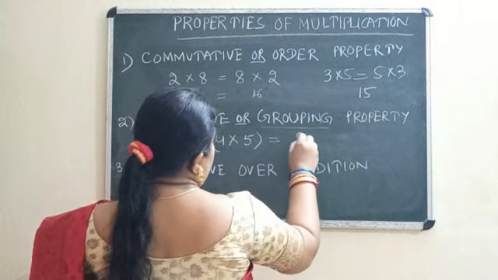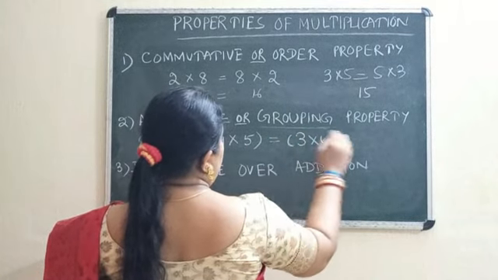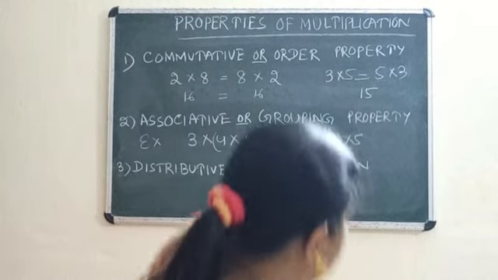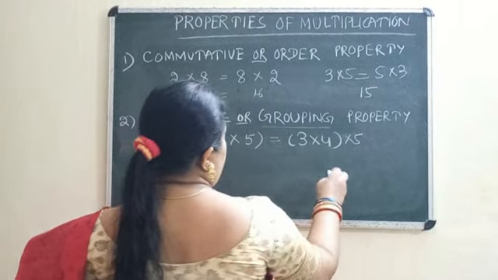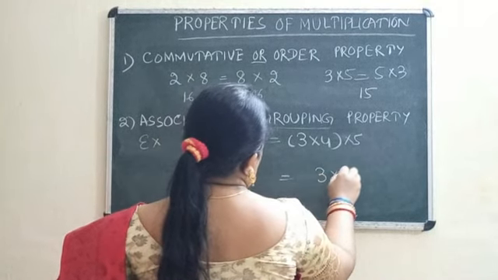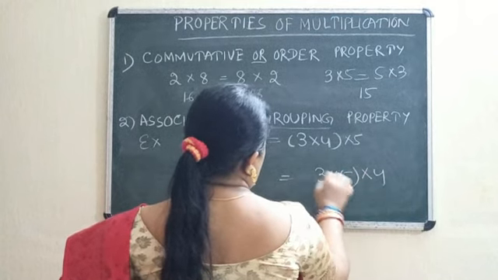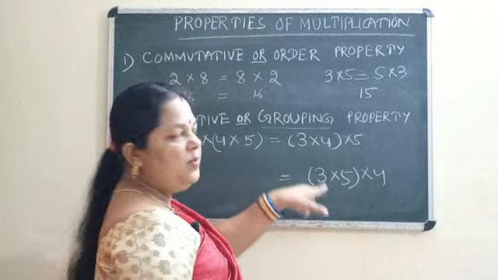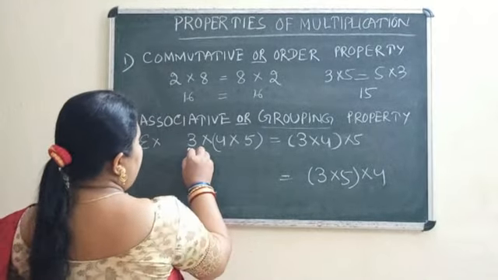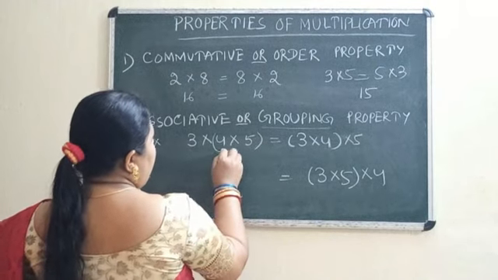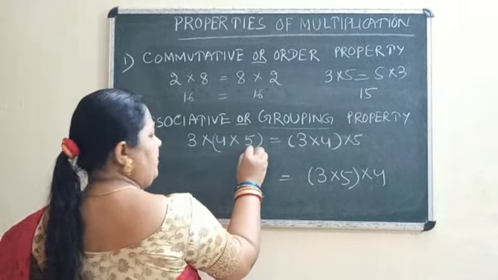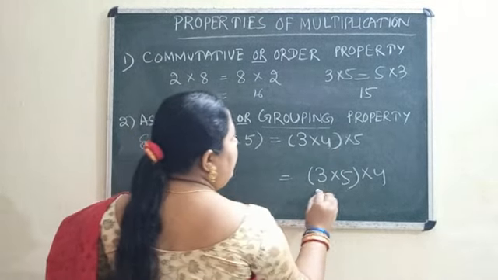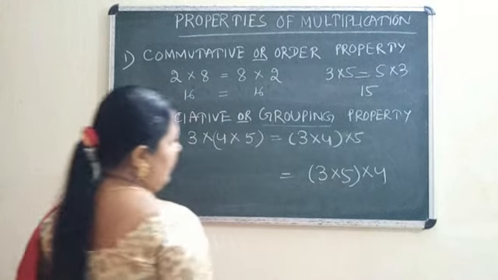If I write 3 into 4 as one group into 5, or if I make 3 into 5 into 4. See, you can see the difference. The groups are different. Here I have taken 3 numbers. I have made one group between 4 and 5, here a group between 3 and 4, and here a group between 3 and 5.